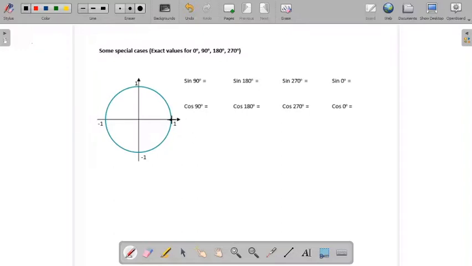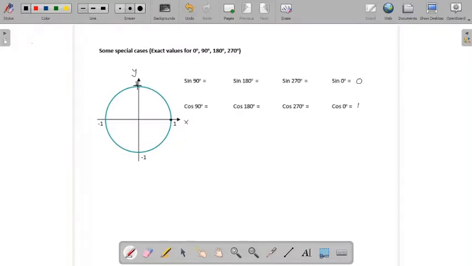So at this particular point, think of this as our xy plane, our coordinate has an x coordinate of 1 and a y coordinate of 0. So sine of 0 would be 0, and cos of 0 is 1. All right, because our coordinates there are (1, 0).